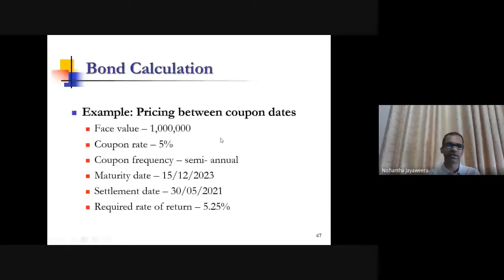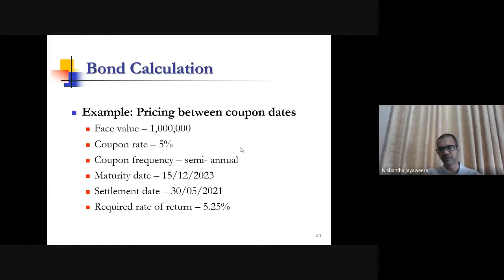If we calculate the price on a coupon date, we get full coupon periods, so we can count time as 1, 2, 3, 4 likewise. But between coupon dates, the remaining maturity may not be exactly full coupon periods. There can be fractions.